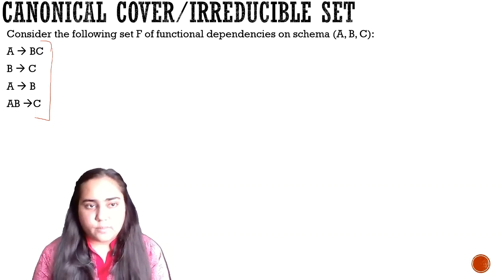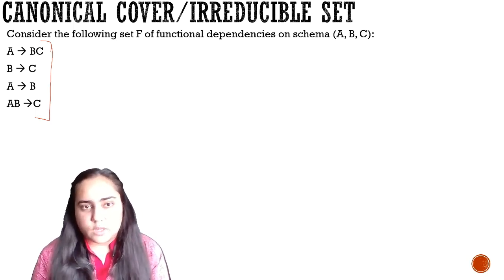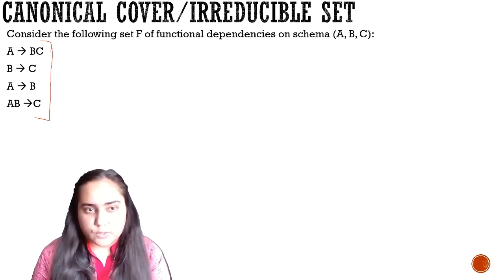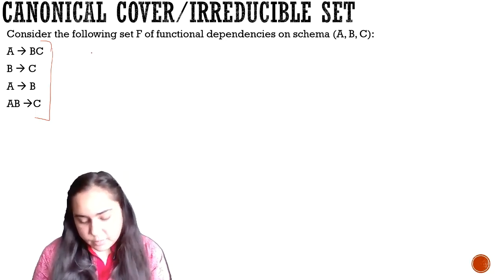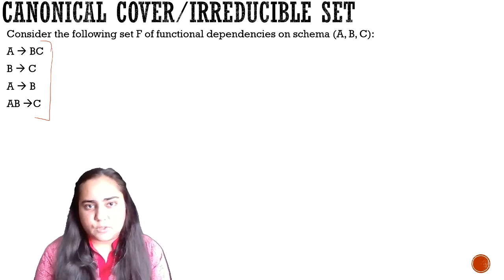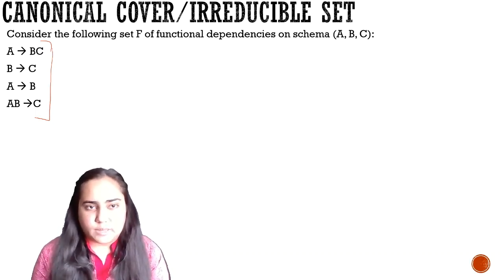And now from these 4, we are going to try to reduce them because there are dependencies which are kind of duplicate ones, which you do not need, which you can derive from the existing dependencies. So we can remove those and reduce the set so that our normalization process, which you're going to study later, will become much more efficient. So let's start by, first of all, applying the simple decomposition rule on all these dependencies.